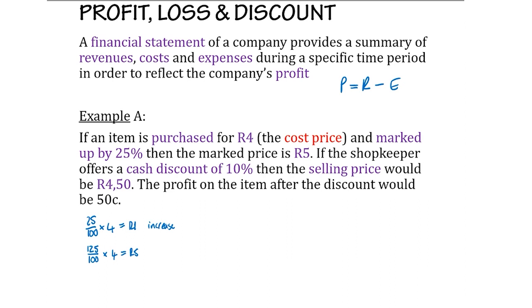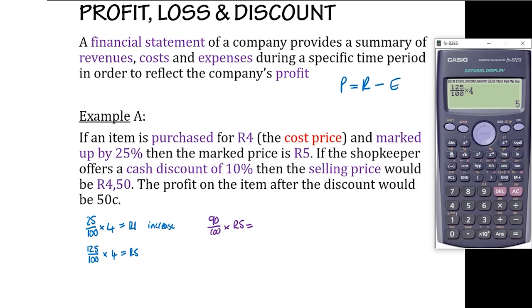Oh no, now the shopkeeper is going to offer a discount. So from that marked price, it's going to offer a discount of 10%. The selling price is going to be 4.50 Rand. All right, can we use the shortcut here to find out this percentage decrease? He's discounting it by 10%, which means we're going to have 90% of that 5 Rand marked price.